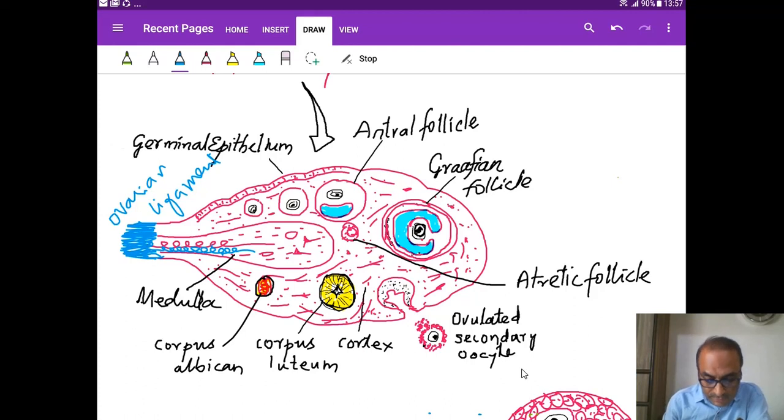Now let us look at the cortex. The cortex region, which is an important part of the ovary, is where we find the ovarian follicles. What you see here, circular structures, these all are ovarian follicles.